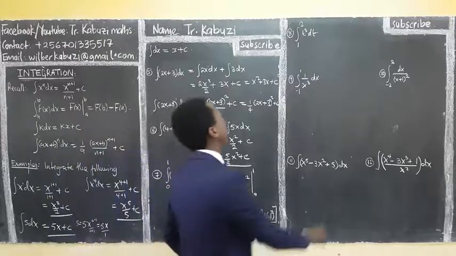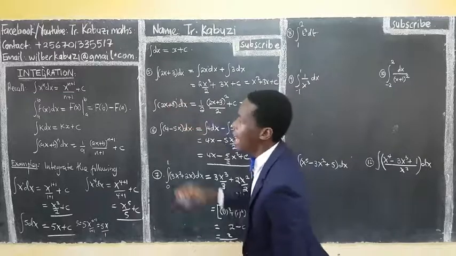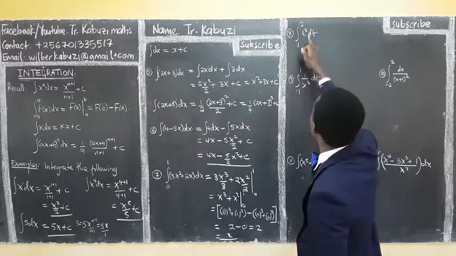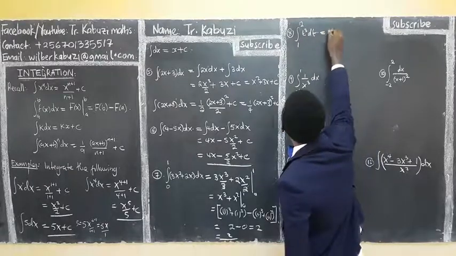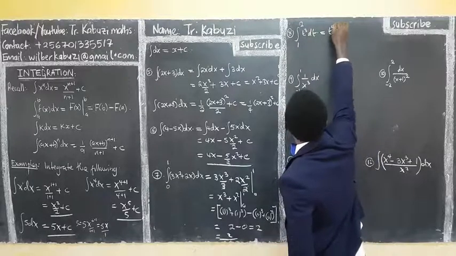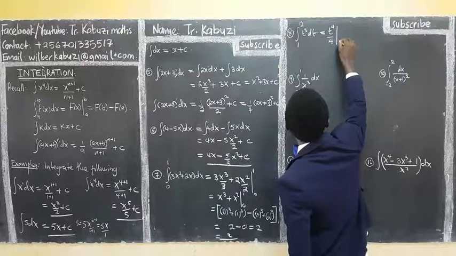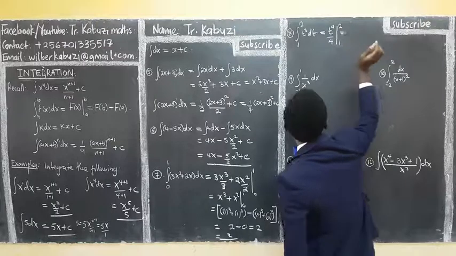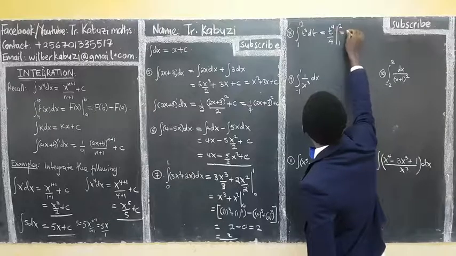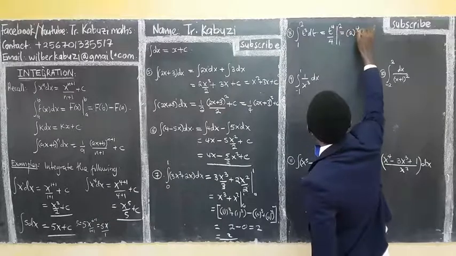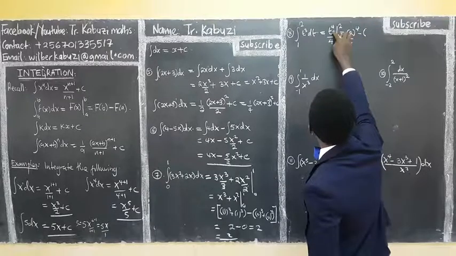When I come to this now, this is the function of t, so this one is called the t. This will be the x's because we had the function of x, just that our power is now 3. So increase it by 1, you get 4, divided by this new power. Then we have limits from 1 to 2. We substitute the upper limit, so when I put now 2 power 4 over 4, minus 1 power 4 over 4.